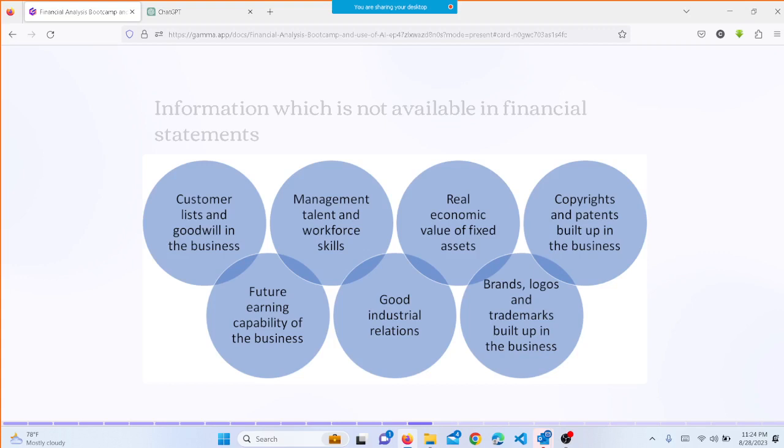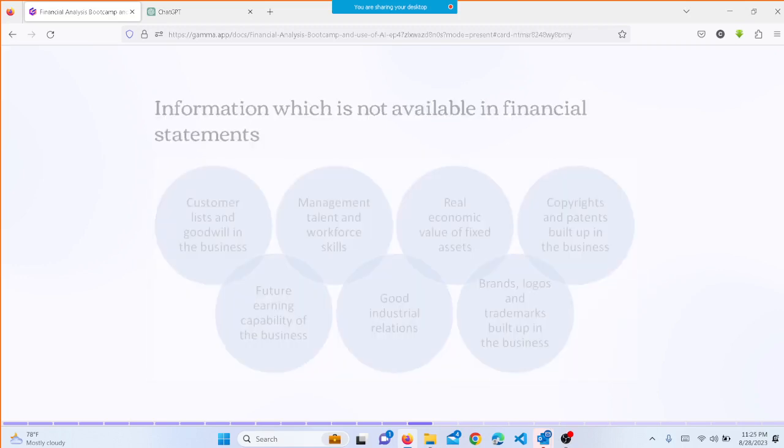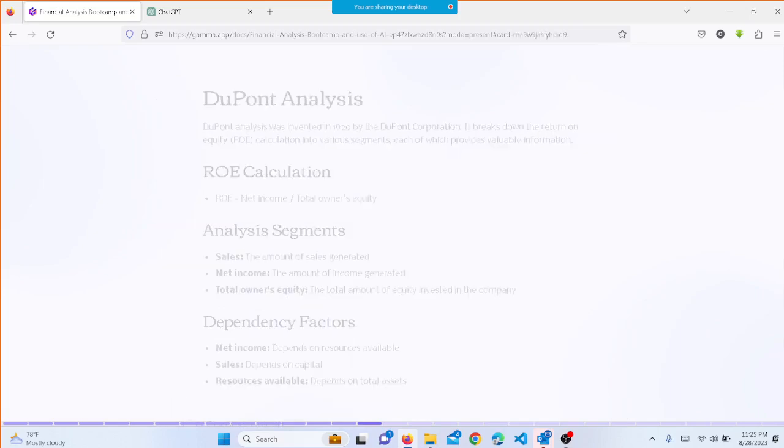But in actual terms, the company is a gem. This kind of information is not available on the face of the financial statements. You may have to dig down into different aspects of the financial statement. So that's how the financial statements work, which information is available and which information is not available.